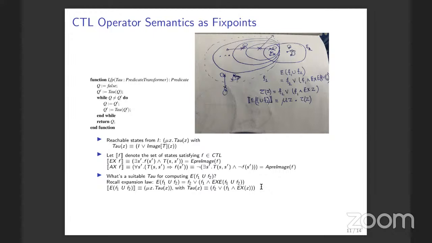Because you're starting with false, when you reach an i such that tau i plus 1 of false is equal to tau i of false, that's when you will end up accumulating all the states that satisfy E of F1 until F2. And that is the fixed point of tau, the least fixed point of tau.